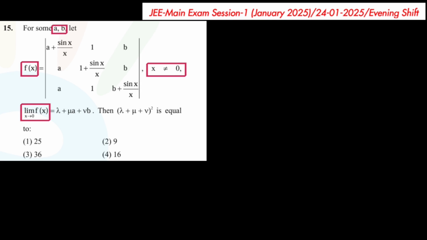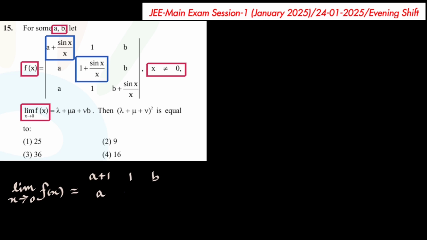Therefore, the limit of this first element as x tends to 0 will be a plus 1, because limit sin x upon x as x tends to 0 is 1. Similarly, the limit of this element will also be 1 plus 1, 2, and the limit of this third element will be b plus 1. The limits of the remaining elements are the same as the elements themselves.